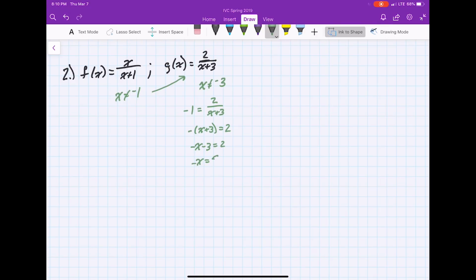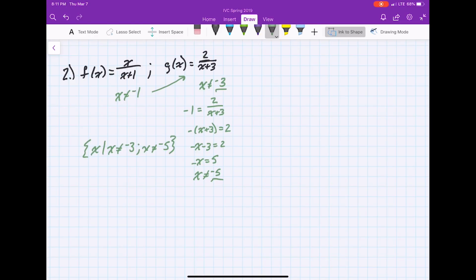So the function cannot actually equal this. Oh, I'm sorry, I got to move the negative as well. So the function cannot equal -5, otherwise it would make the function f 0. So x such that x cannot equal -3, and it cannot equal -5.